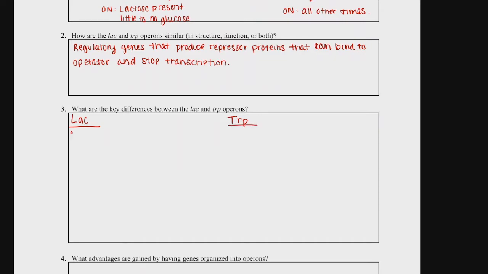We know that the lac operon is inducible, so the presence of lactose induces production of the enzyme needed for lactose digestion, whereas the tryptophan operon is repressible, in which it's ordinarily on, producing tryptophan, which is needed for protein production by the cells, but it's turned off or repressed when there's an excess of tryptophan available.